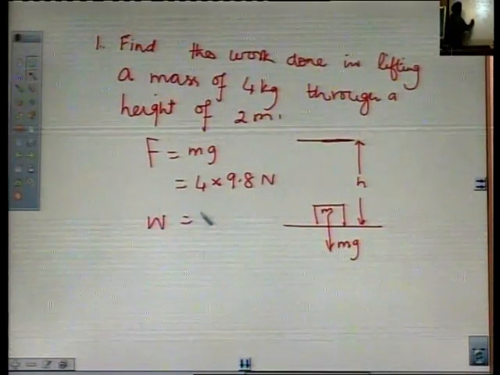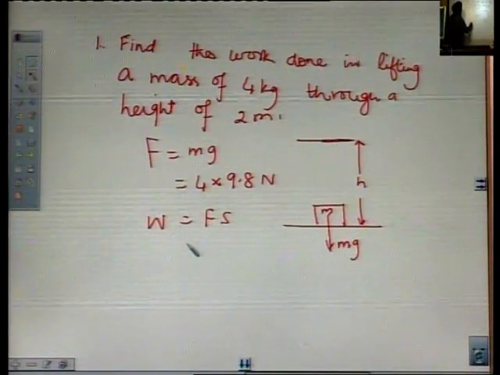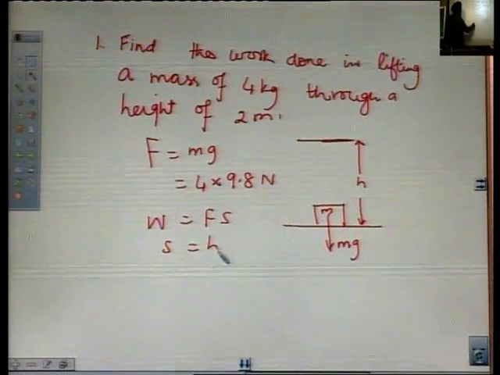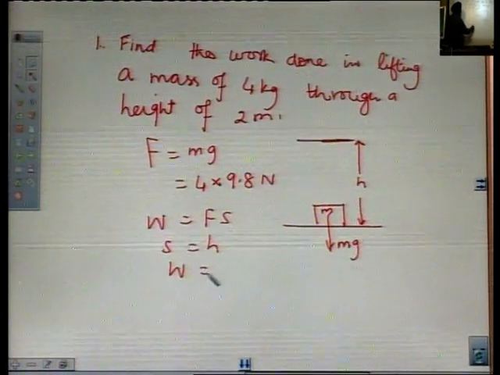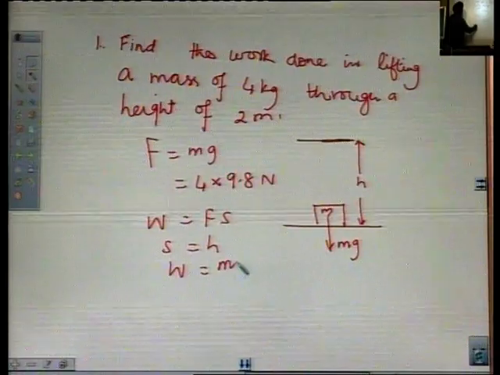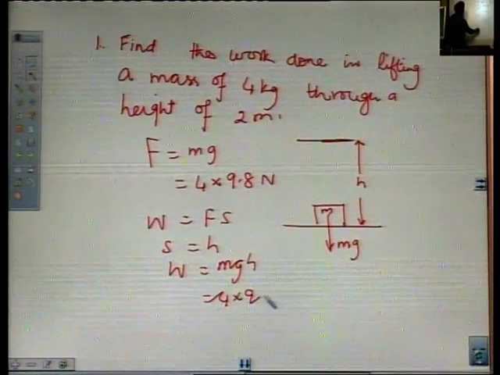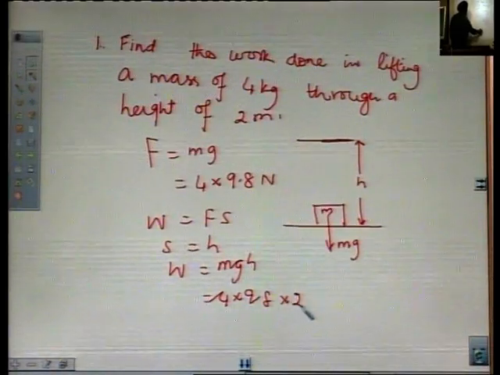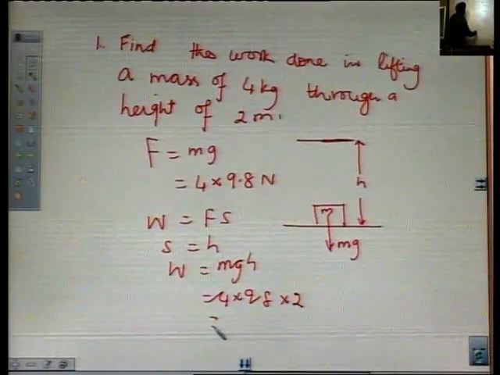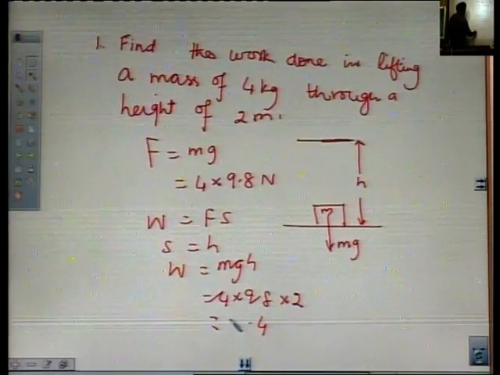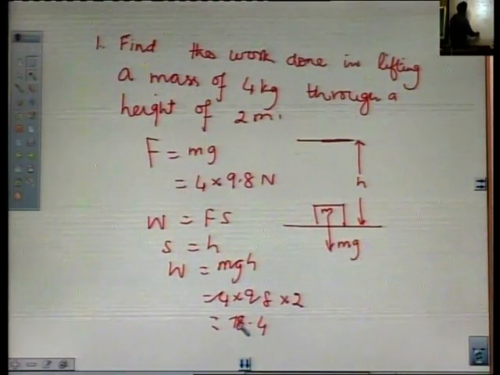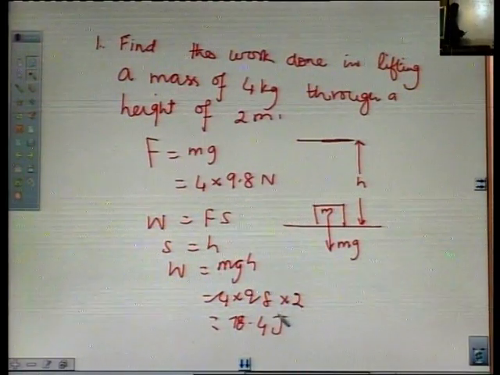Formula for work done is F into S. S here is height. So, work done is mgh or 4 into 9.8 into 2. Gives you 78.4 joules.